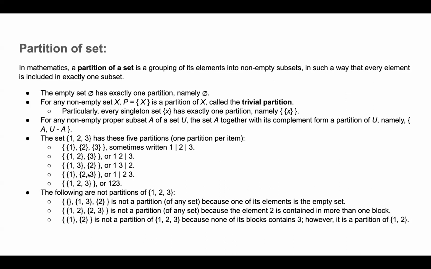Then the following are not partitions. Here we have seen the partitions, and which are not partitions, that we are going to see now. Empty set, {1, 3}, and {2}.